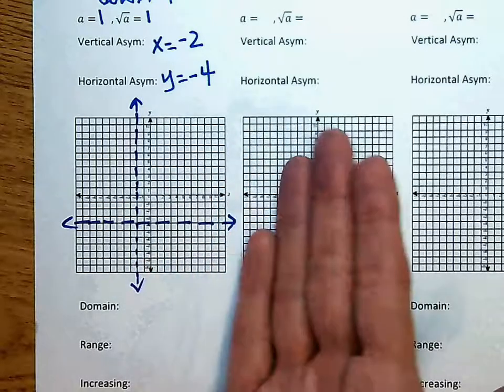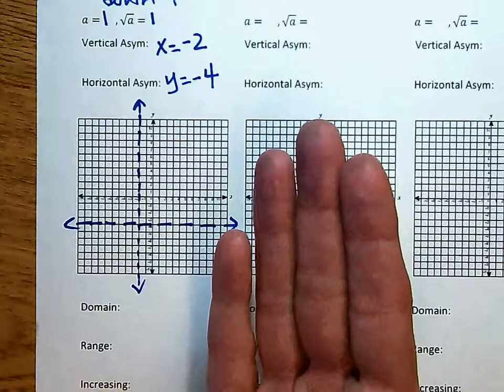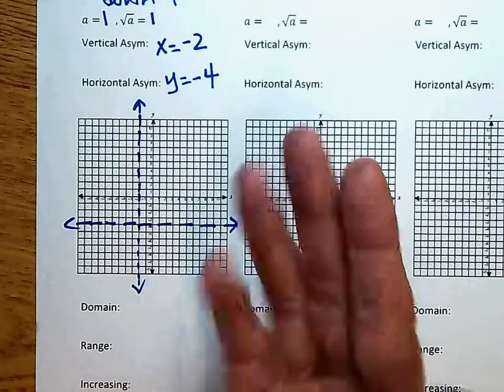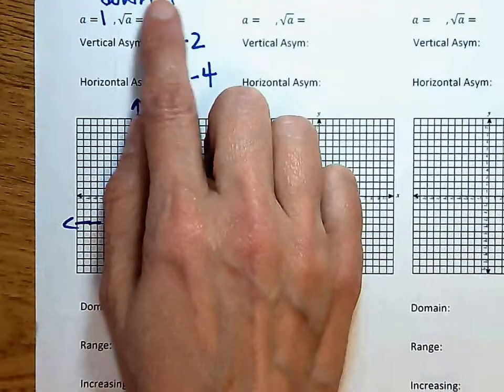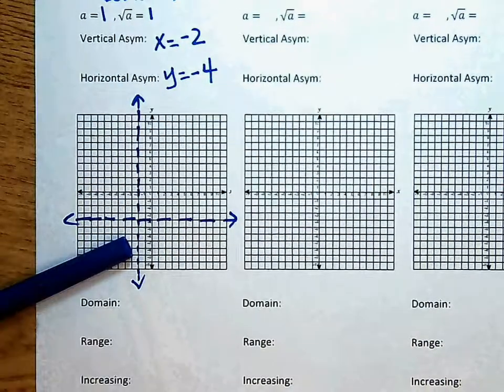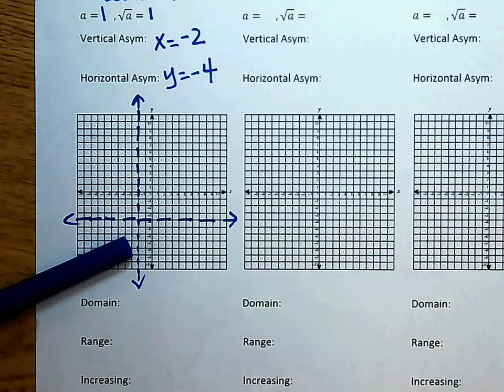But now we've moved over left 2 and down 4. So from this intersection, you're now going to plot these points.